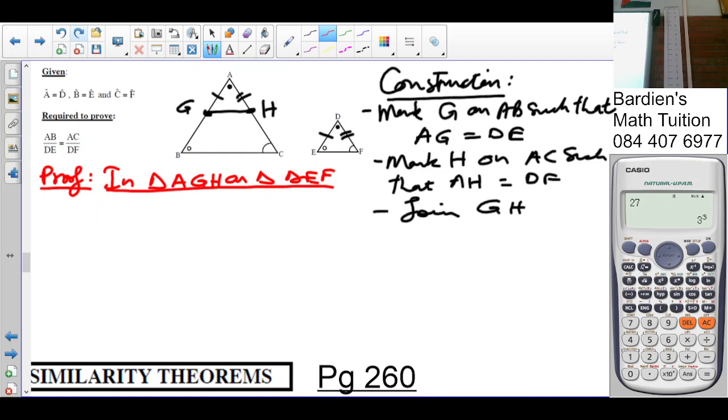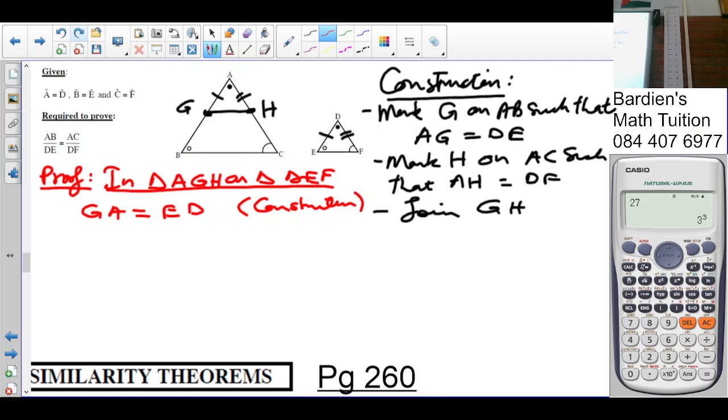No, we must first prove congruency. How do you prove congruency? GA is equal to ED. Why? Construction. We must construct that.